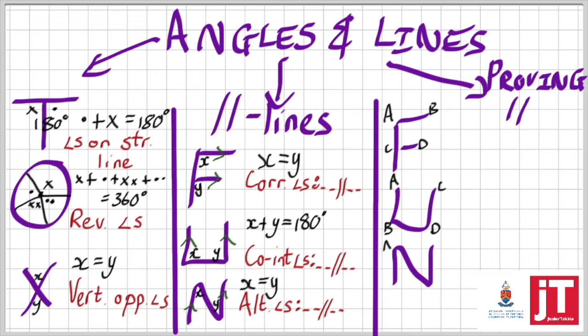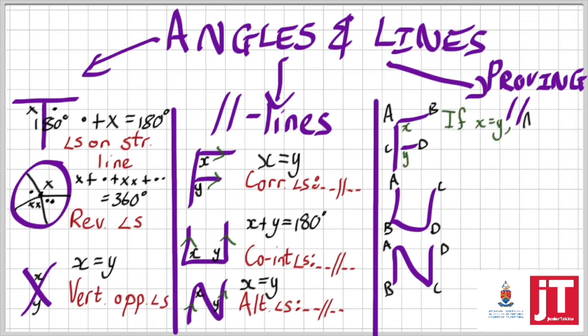Well, I'm going to use FUN again, but now converse, which means I'm not going to start off with saying they are parallel. I want to prove they are parallel. So the first thing I want to do is I want to first state with an F which angles are equal.